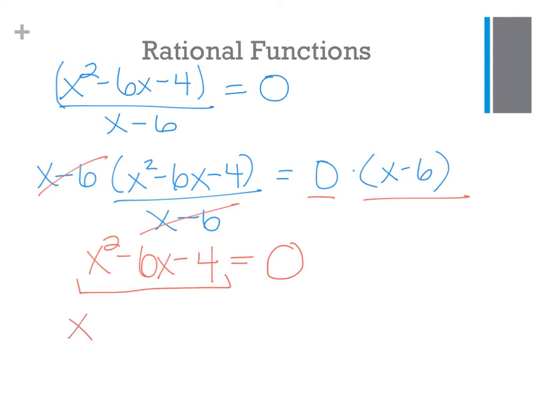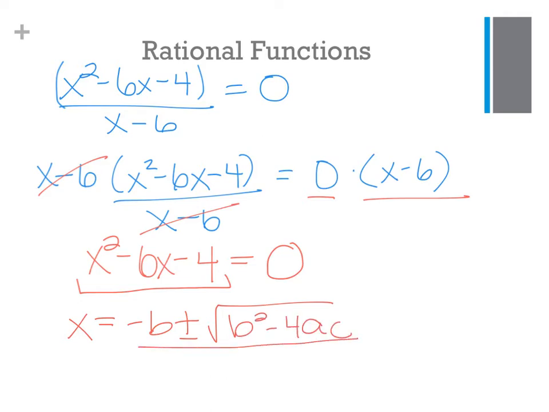A reminder that x equals negative b plus or minus the square root of b squared minus 4ac, all over 2a, is the quadratic formula. In this example, we have a is 1, b is negative 6, and c is negative 4.